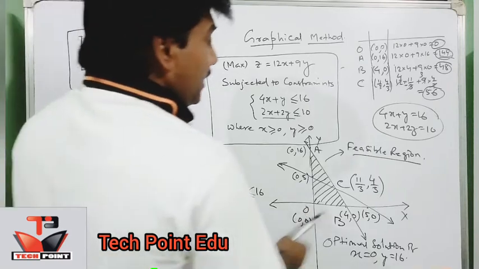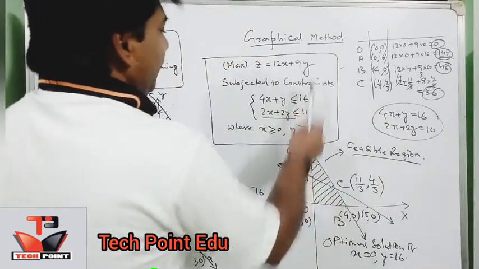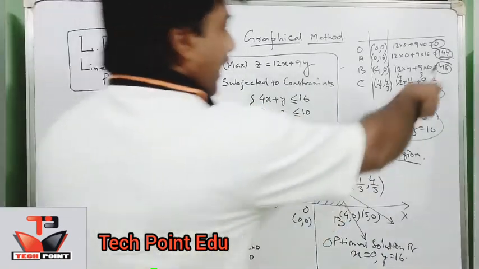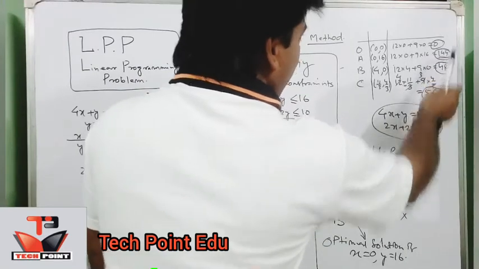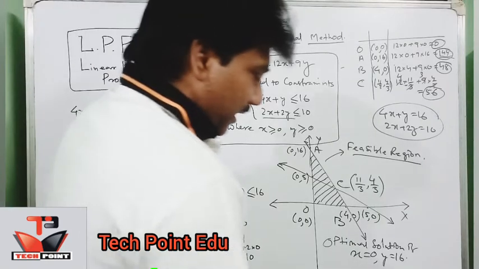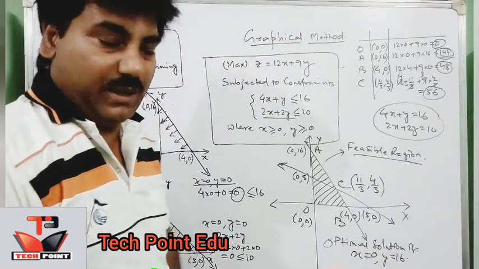And from these feasible solutions, plot the values in the objective function, and if the sum is max, then find the maximum value. Here the maximum value is 144, that's why A point is the optimal solution, and the optimal solution is x equal to 0 and y equal to 16.